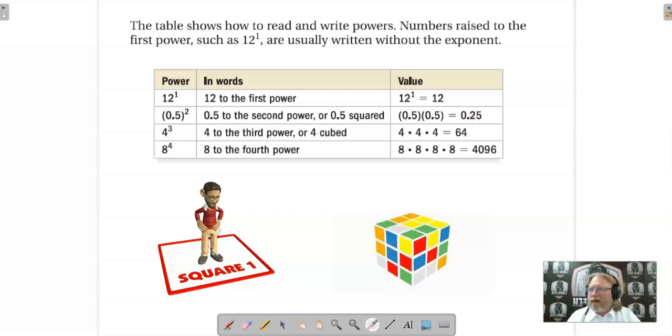Now, I have the little man here standing on a square, and that kind of relates to the second row here, where we have the idea of something being squared. And the reason for that is that a square, if we talk a little bit of geometry here, is a quadrilateral, and we find the area of quadrilaterals by taking the length times the width, and that'll give us the area of a square.